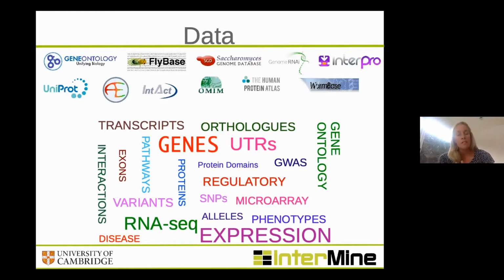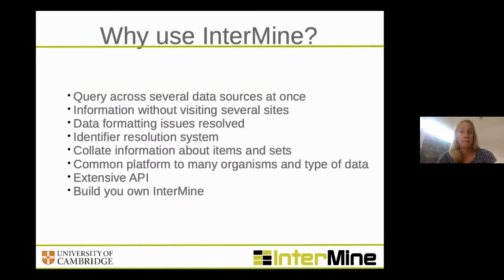So each InterMine has its own data model, but we have the concept of a core data model which covers the main data types that are in all the InterMines, so the genome annotation and sequences, the gene ontology, the pathways, etc. So you can go to different InterMines and run the same query across different InterMines quite easily.